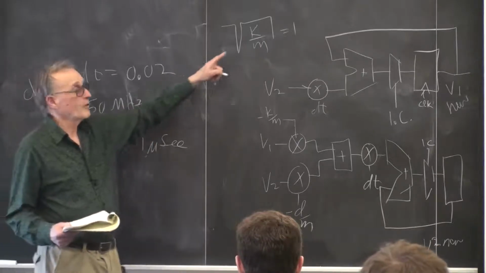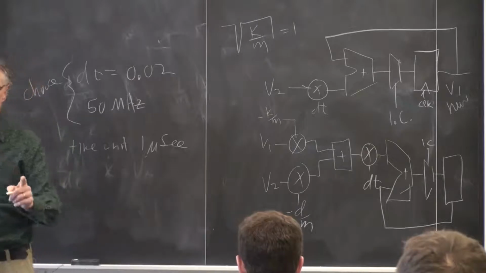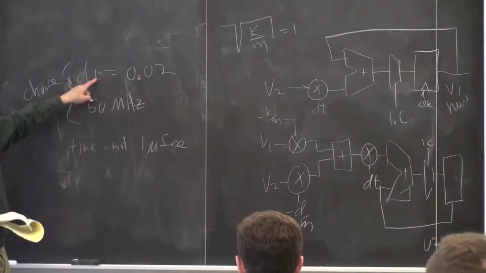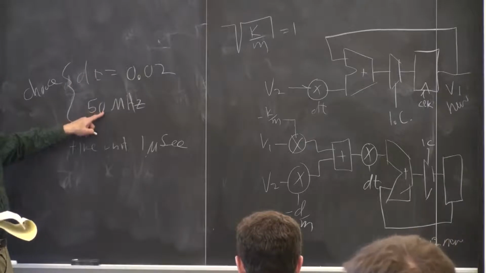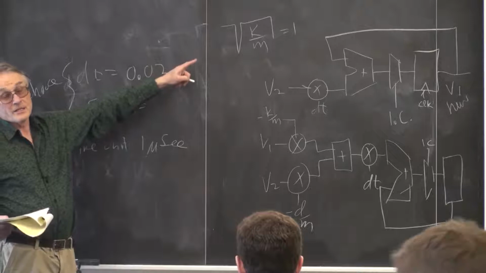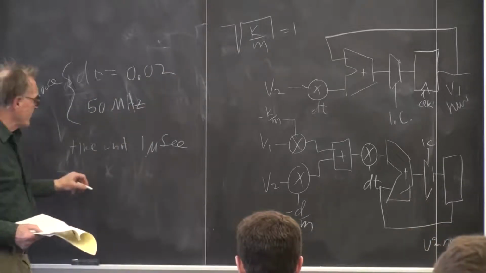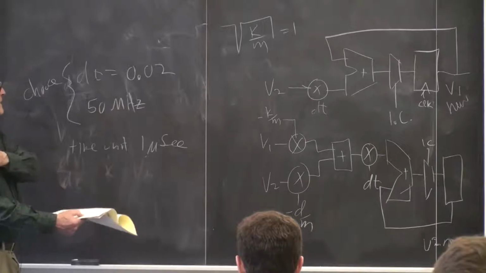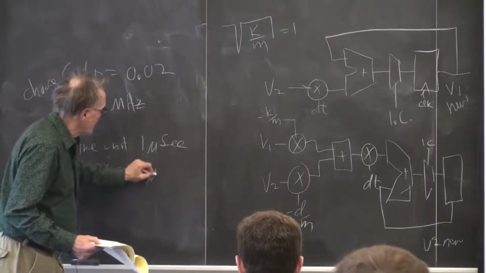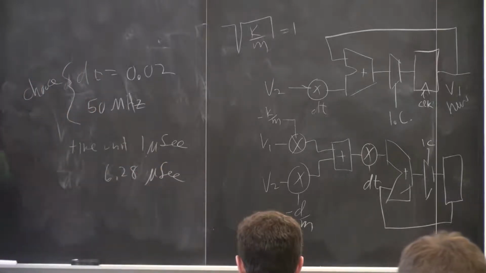Because a k over m of 1 means 1 radian per time unit. So that says that for this choice of dt and clock frequency, and mathematically that stiffness of spring, k over m equal 1, we would expect to get a sine wave with a period of about 6.28 microseconds, or about 2 pi times the time step.